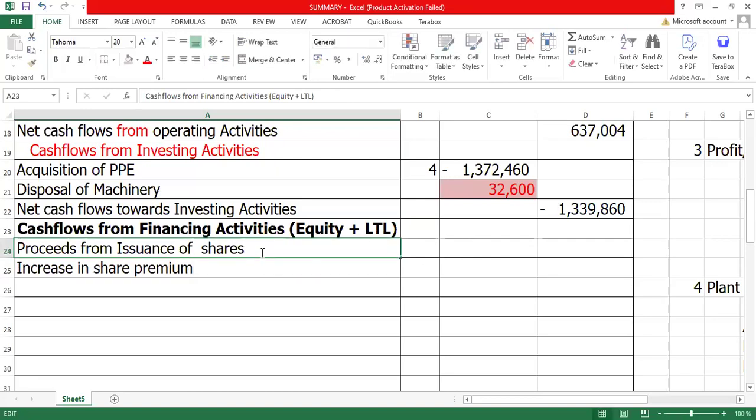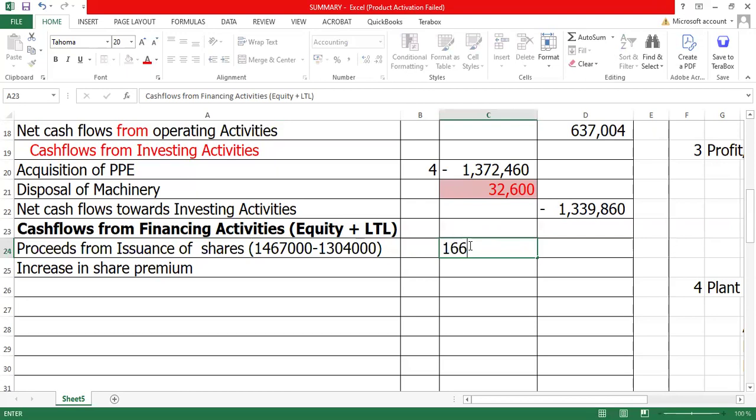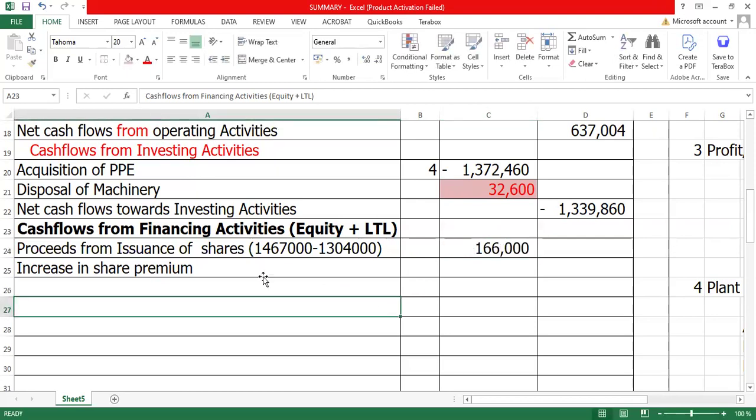Guys, do the workings on the face. You get 1,467,000 minus 1,304,000. What do you get? 166,000. Then here the difference is 195,600 minus 114,100.